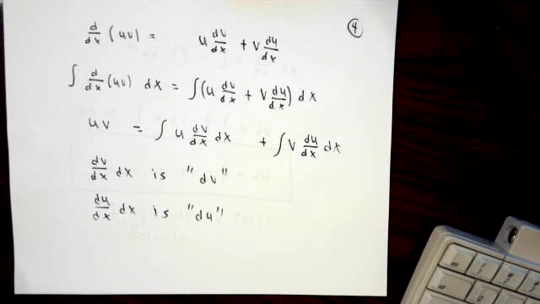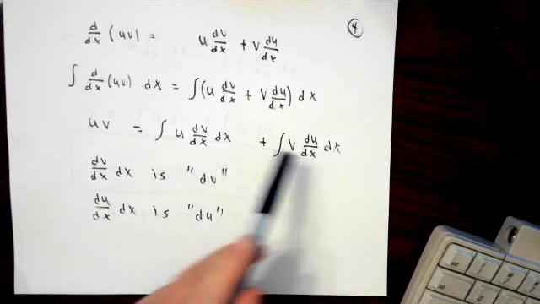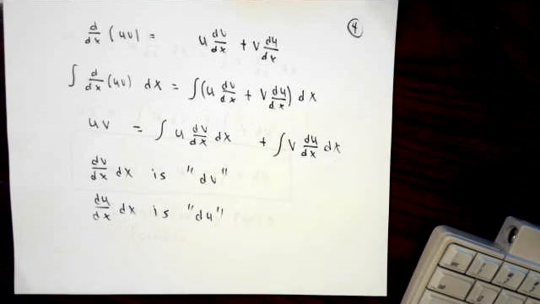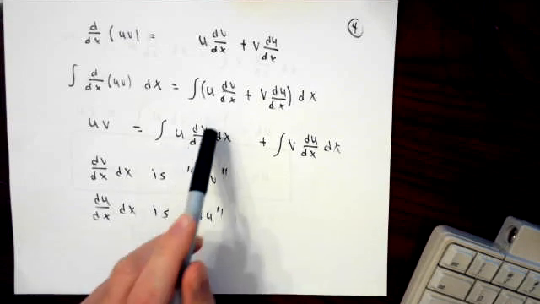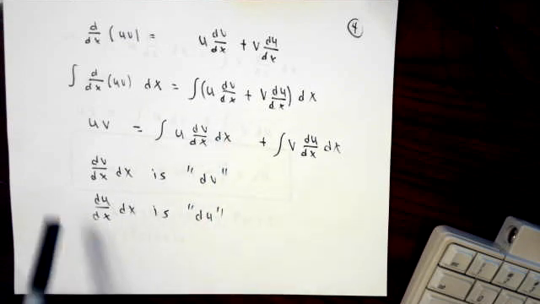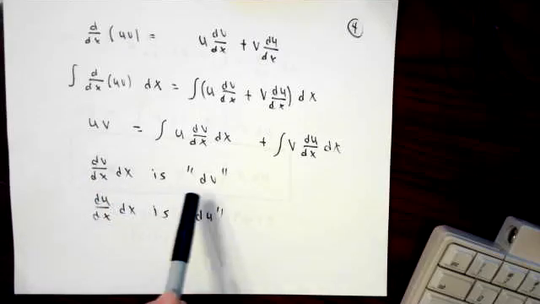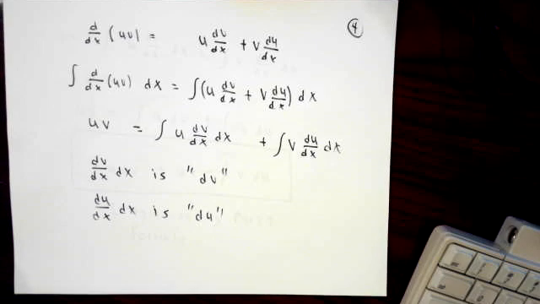Things are getting a little bit more concrete now. This thing, du dx multiplied by dx, we said we were going to call that du. This thing, derivative of v with respect to x times dx, we said we were going to call that dv, so we're going to use our abbreviations now.